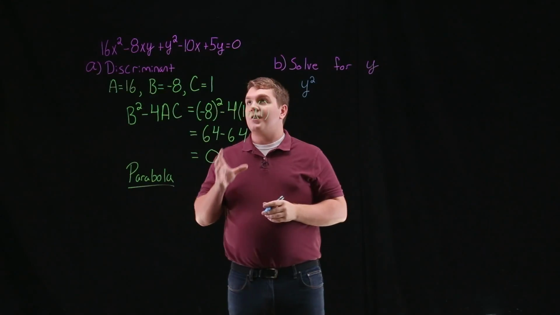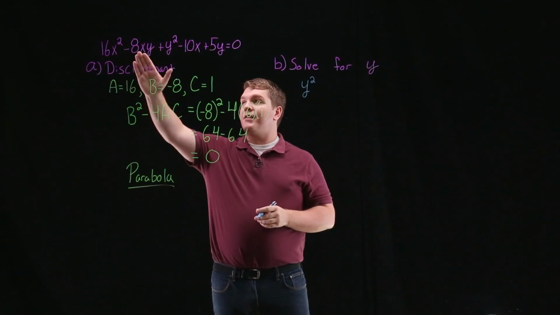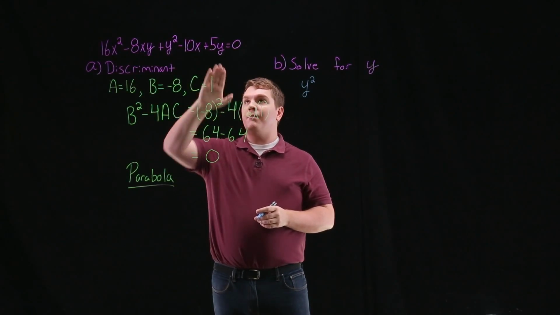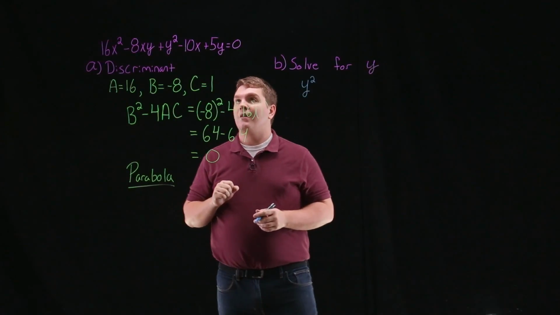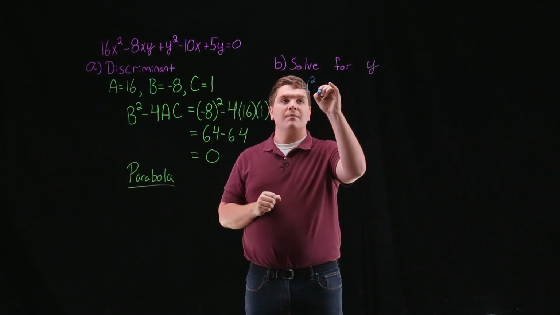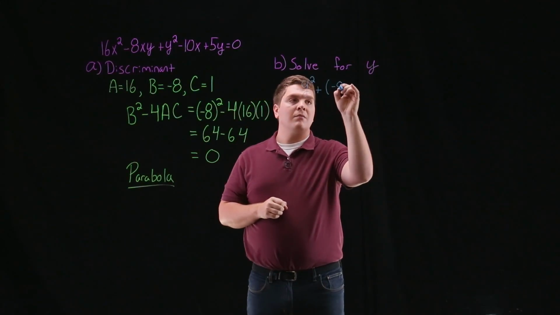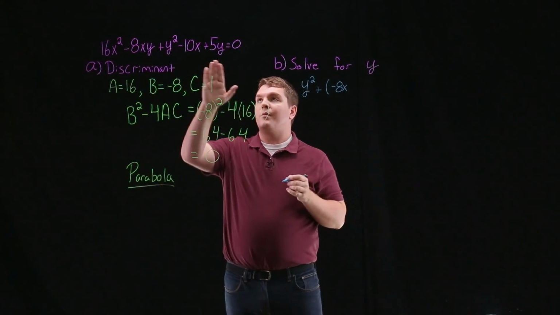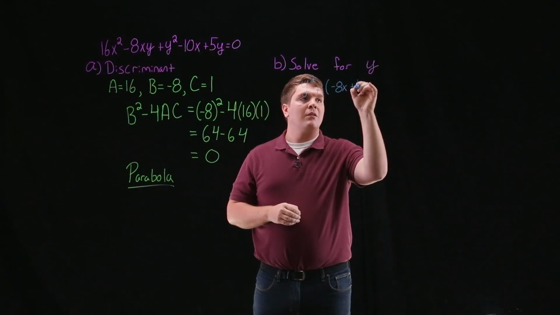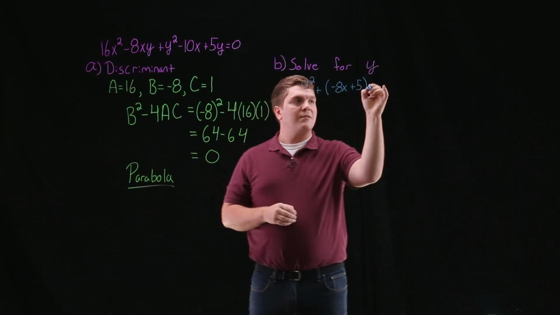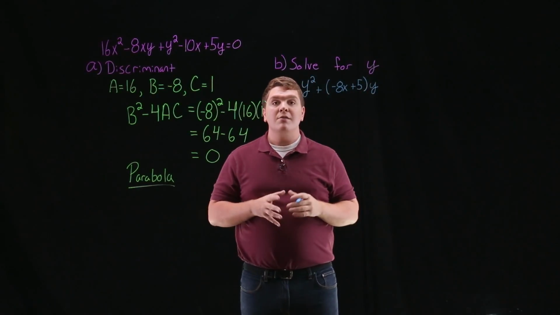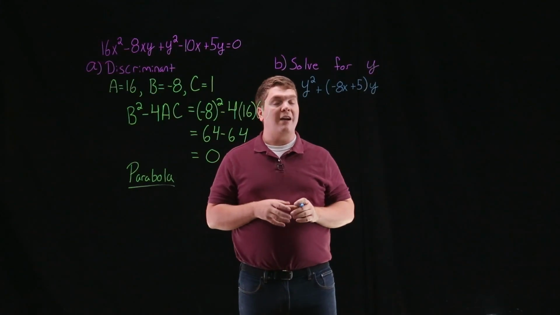And now for just the y term, we're going to have this -8xy and this plus 5y. So we can write this as plus -8x plus 5, and we'll multiply this by y. So notice that I did a little bit of factoring there.